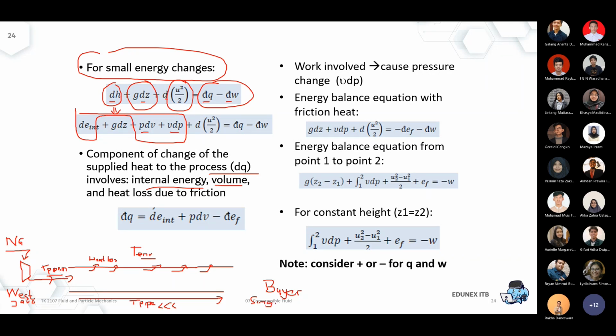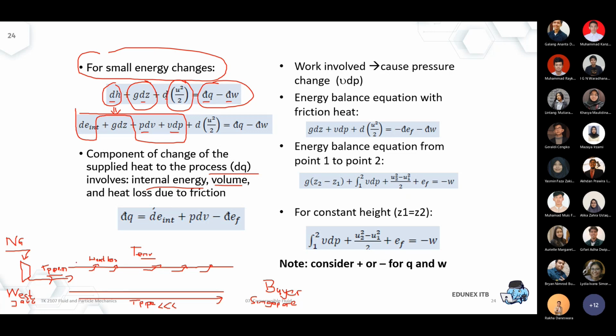It is a long pipeline, more than 1,000 kilometers. And of course, in this kind of system, there will be heat loss to the environment, to the soil, to the sea, the subsea offshore pipeline. And then our energy equation becomes too complex.